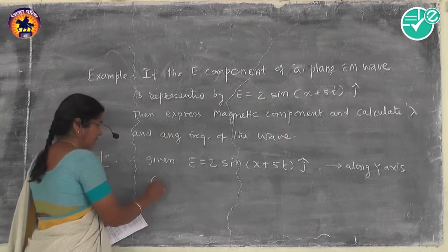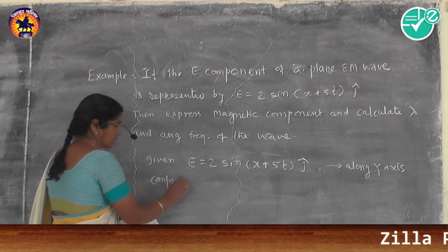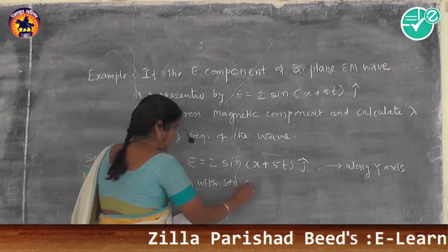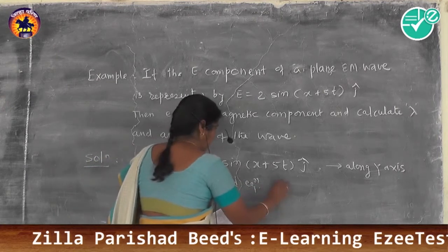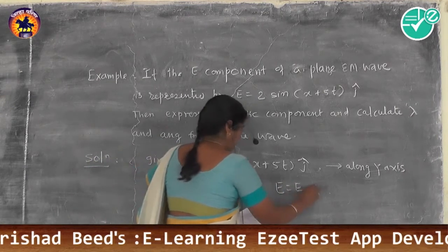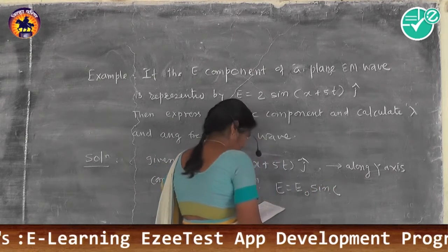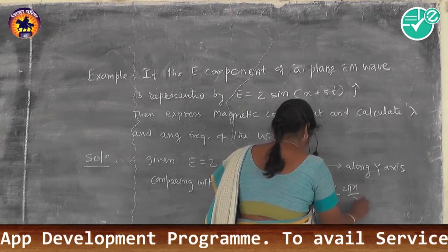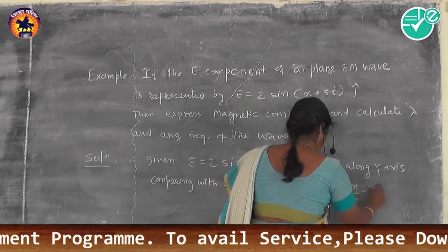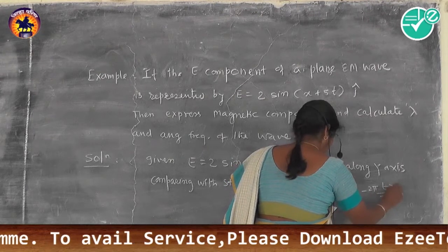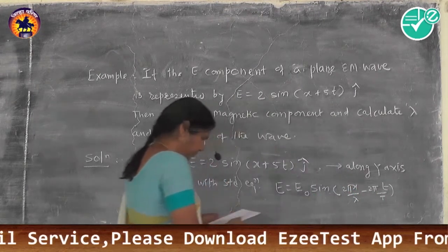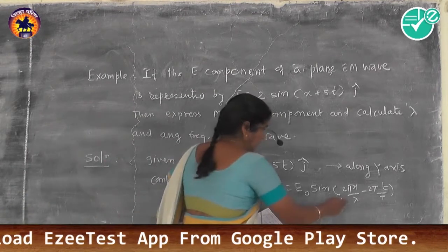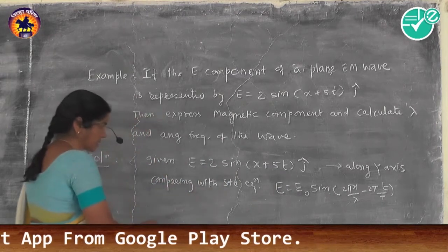Here we compare with the standard equation, E is equal to E0 sin (2 pi x upon lambda minus 2 pi t by capital T). So we compare this standard equation and the given equation.